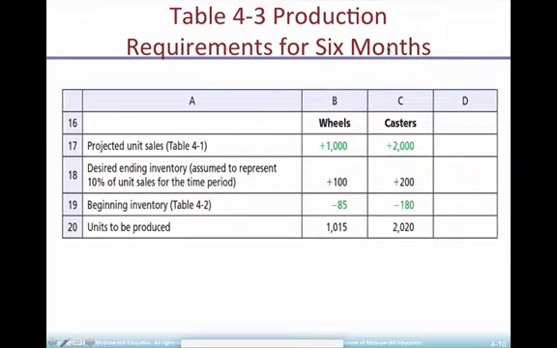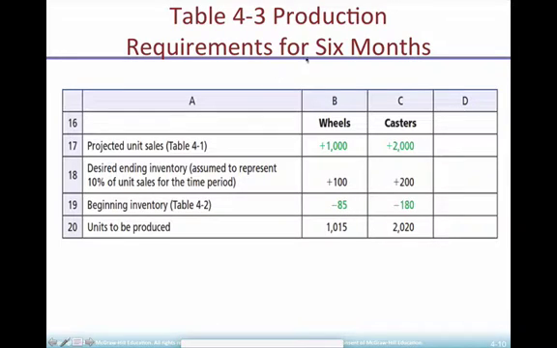And then we are going to calculate production requirements for the 6 months. So for the next 6 months, I want to produce 1000 units. This is how many units I want to sell. Then I want to end up with 10% of them, which is 10% of 1000, 100 units in my ending inventory, and I subtract 85 units, the existing ones.